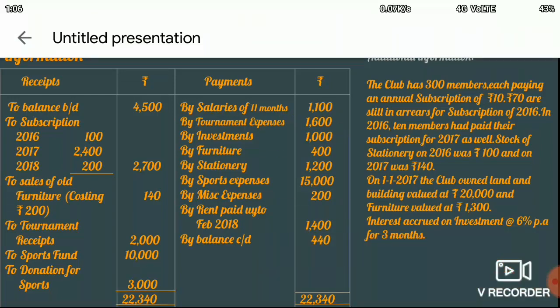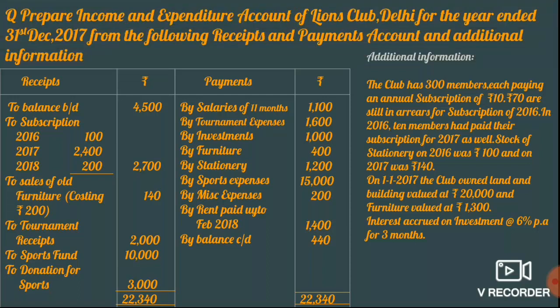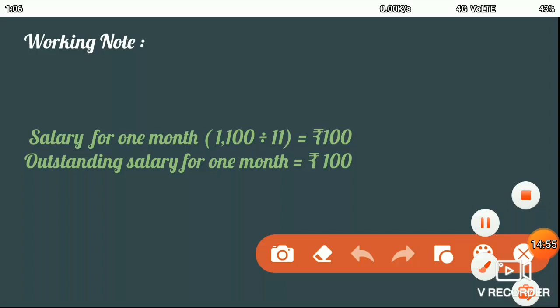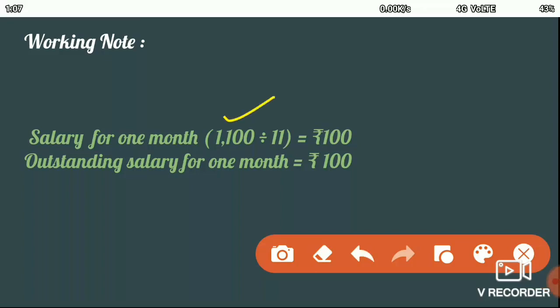Even if it is not paid, we have to show the actual salary of the current year. That means there is an outstanding of 1 month. To calculate the outstanding of 1 month, we take the total payment of salary and the number of months it is paid for. It is paid for 11 months. If we divide, we get 1 month salary. So the outstanding of 1 month is 100 rupees.